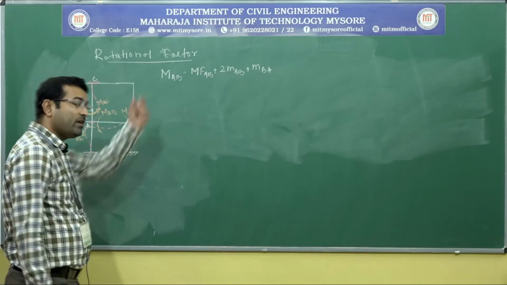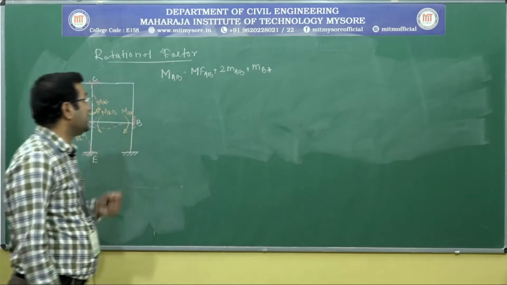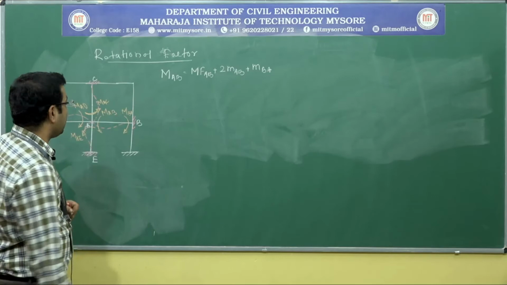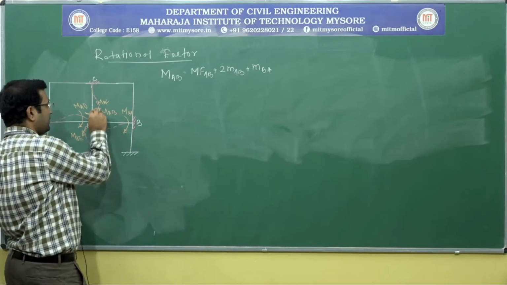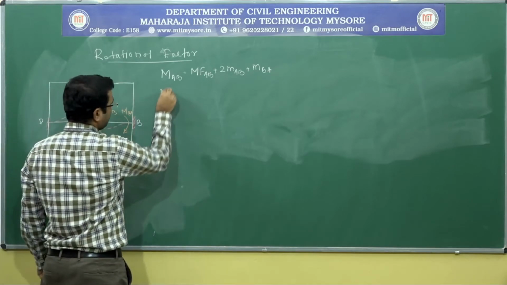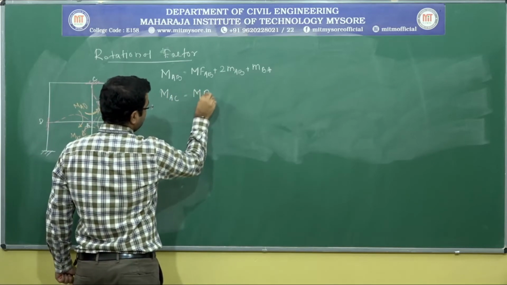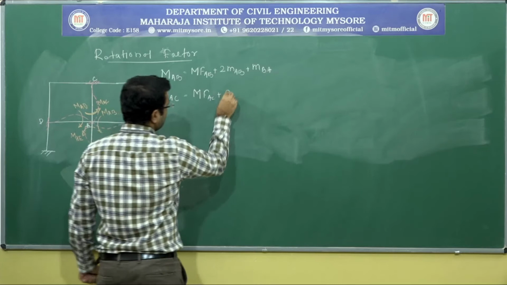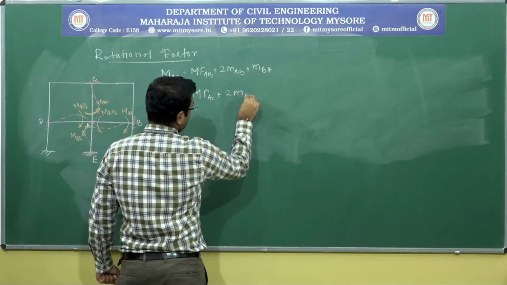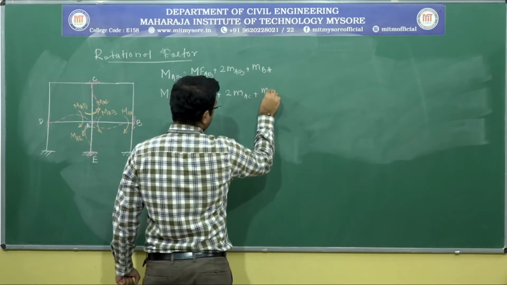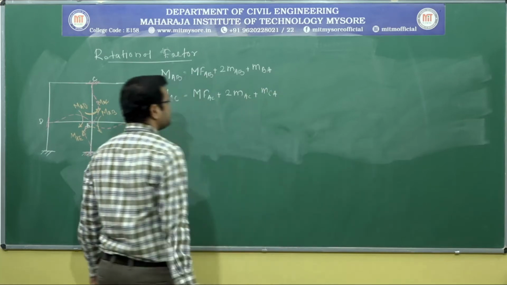This is the modified equation to determine the moment at any end. Similarly, if I want to determine MAC, this will be MFAC plus 2 times MAC plus 1 time MCA.